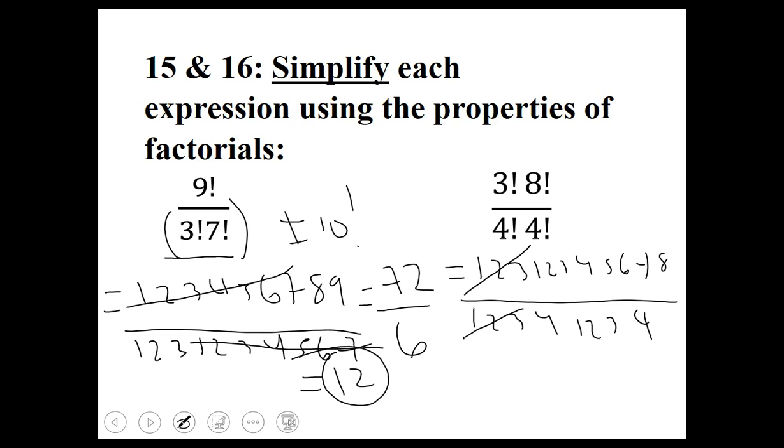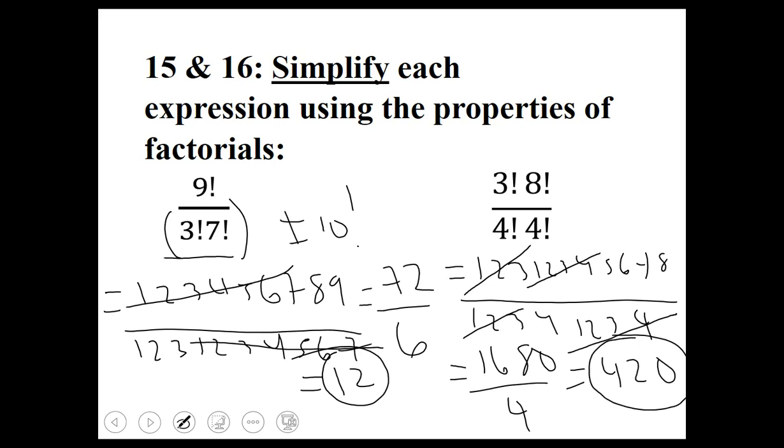You're going to cancel out this 1, 2, 3, 4 with this 1, 2, 3, 4. That's going to leave you with 5 times 6 times 7 times 8 up top, which is 1680, over just a 4 on the bottom, which means that this factorial simplifies to be 420. So this is how you would simplify factorials that just have numbers.